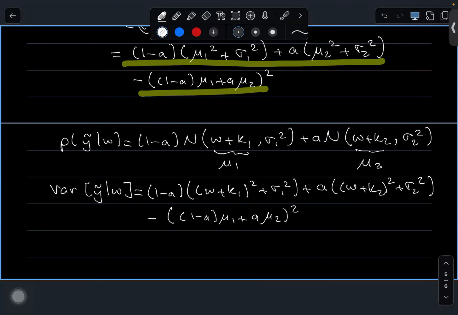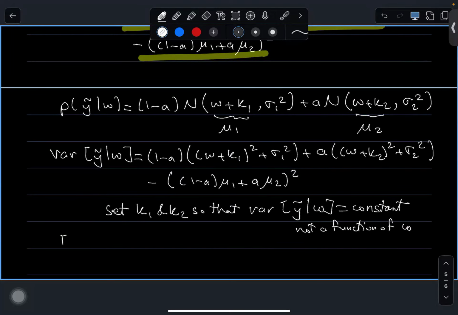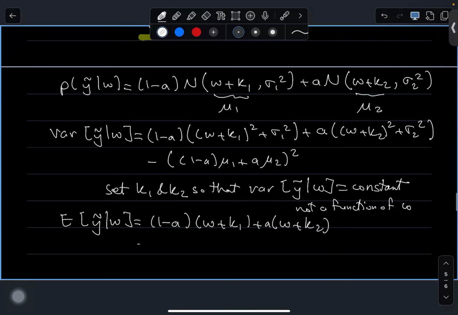Now, the trick here is that in this experiment, what you want to do is set K1 and K2, which are just parameters that you can set, so that the variance of the errors given W is equal to a constant, not a function of W. If you could do that, then the expected value of your errors given W becomes 1 minus a times W plus K1, plus a times W plus K2, which is just equal to W plus K1 minus a K1 plus a K2.